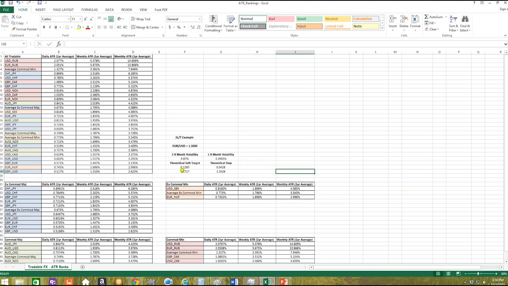Now when we look at these two numbers here, what we need to do is remember our risk management principles. So when we look at stop losses first, our stop loss that we actually want to apply needs to be within the realms of possibility and be tight enough so that we're not being ill-disciplined, but wide enough to still give us a chance of making money.